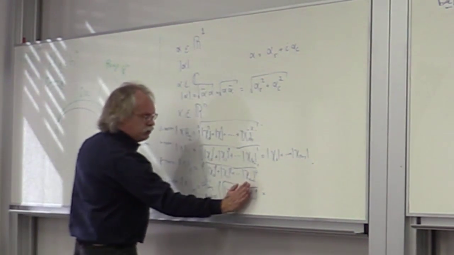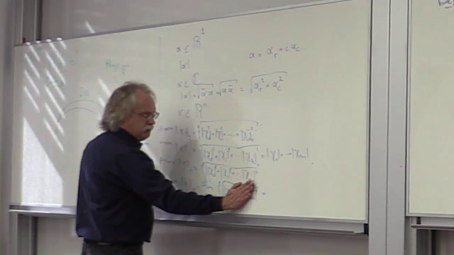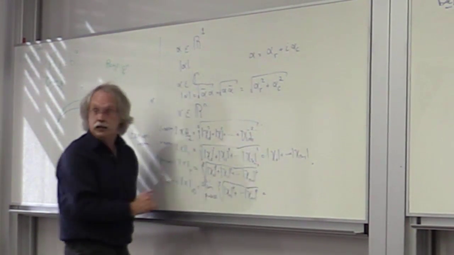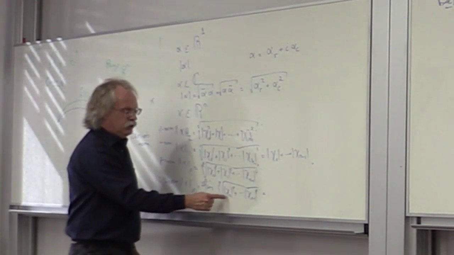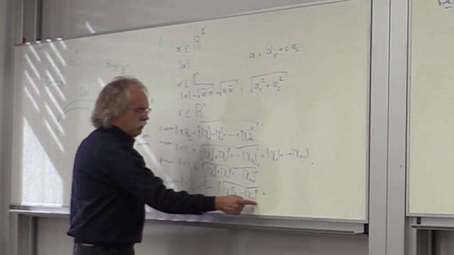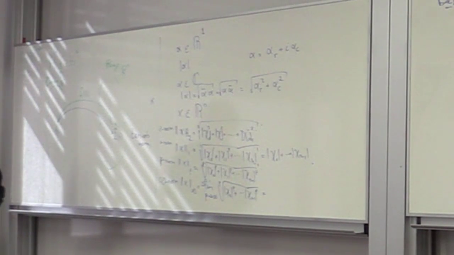If we just had one term, what would this be? Just the absolute value of that one term, right? If you let p go to infinity, what happens to all of these numbers? The biggest number dominates. Then you take the pth root of the biggest number raised to the pth power, and what do you get back? The biggest number.